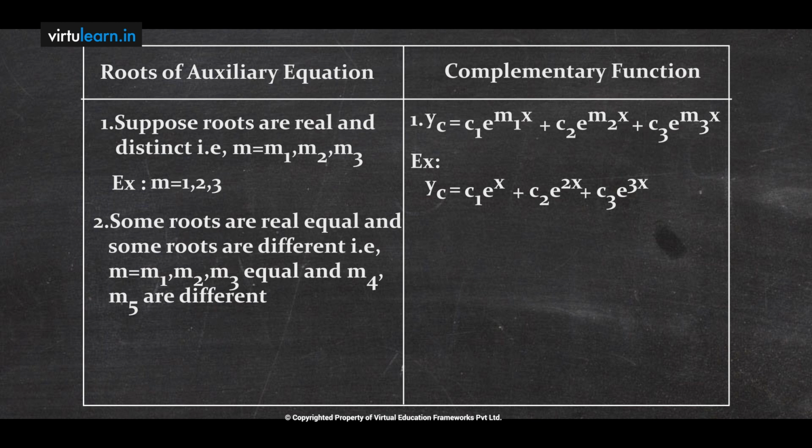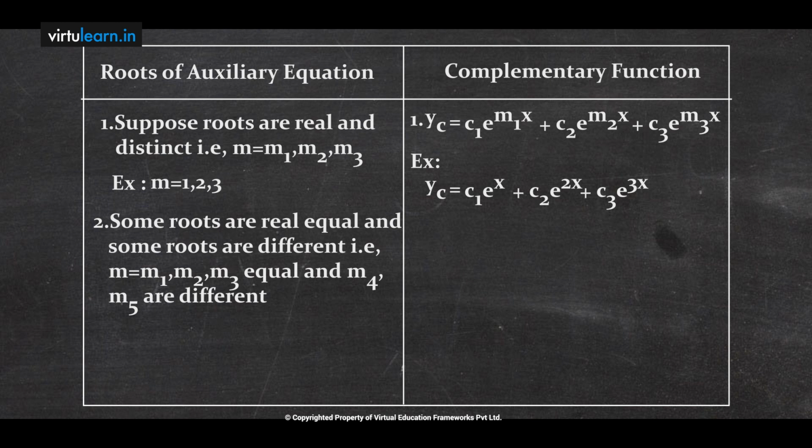The second one: suppose the roots of the auxiliary equation are real, some roots are equal and some roots are different. For example, m equal to m1, m2, m3, where these three roots are equal, and m4, m5 are different roots.